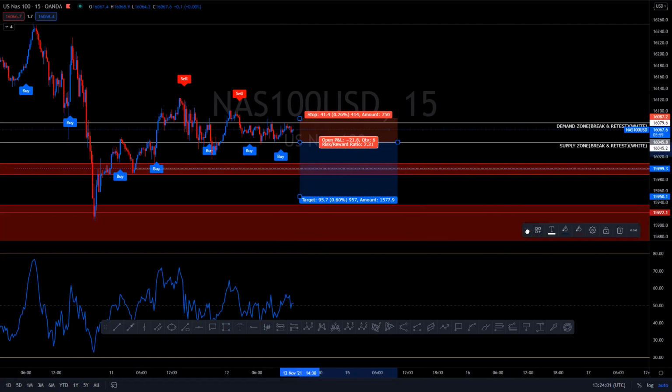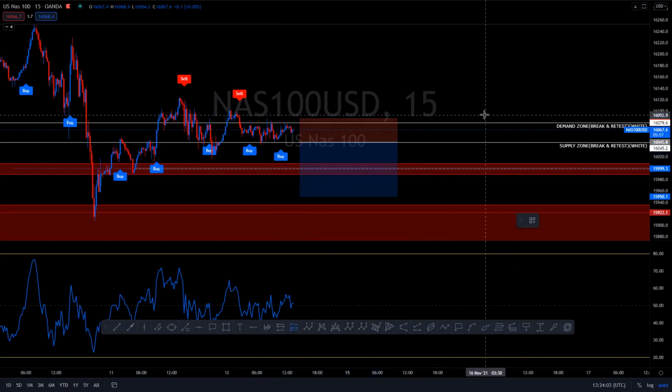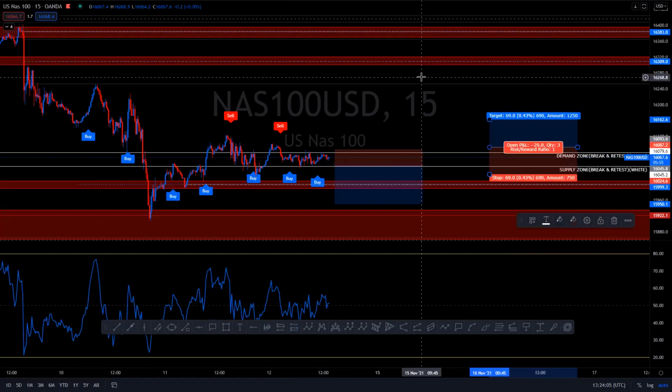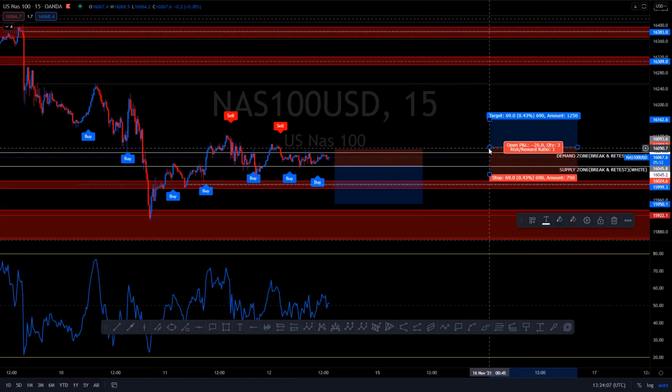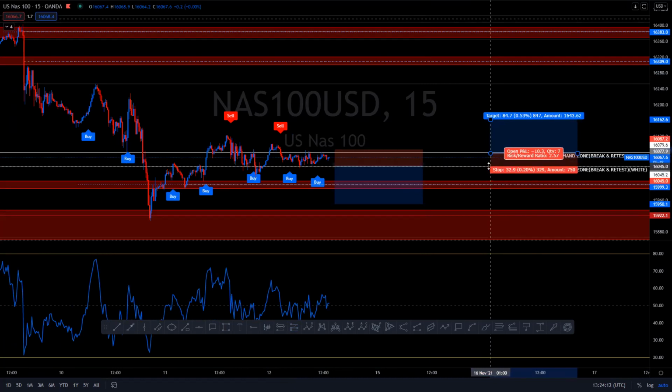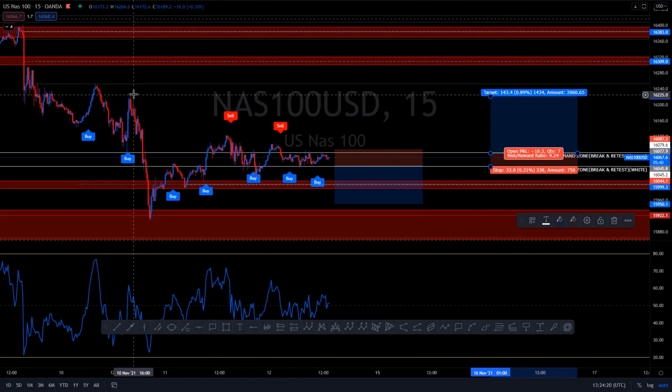But if price ends up buying, then I put another risk to reward tool up here. And so this will be my entry. Say this is the stop loss. First take profit, I probably would just take it all the way up. Well, no, I probably would take it up to this zone here.